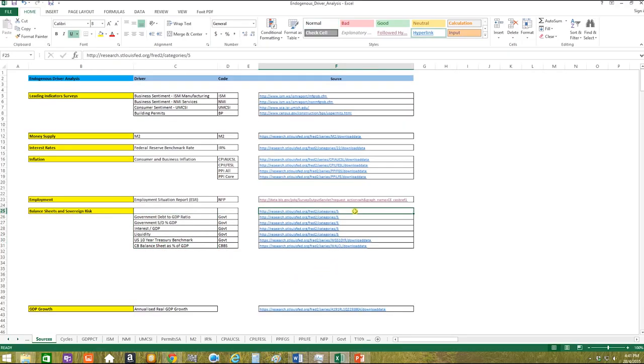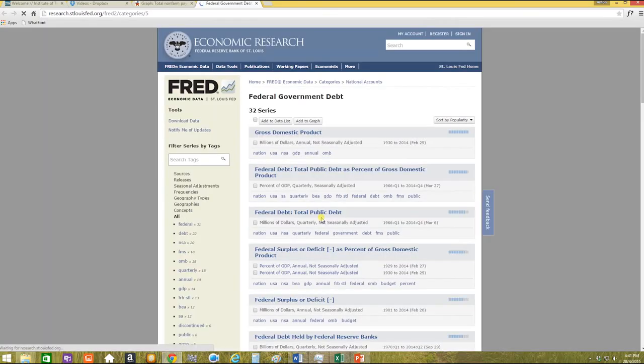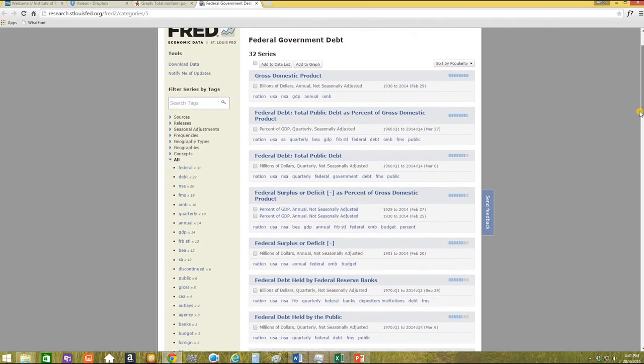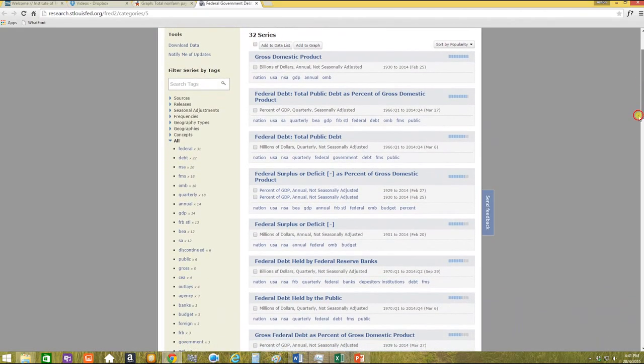And if you click here into the government debt to GDP link, you're going to get a whole series of federal government debt variables or data sets.